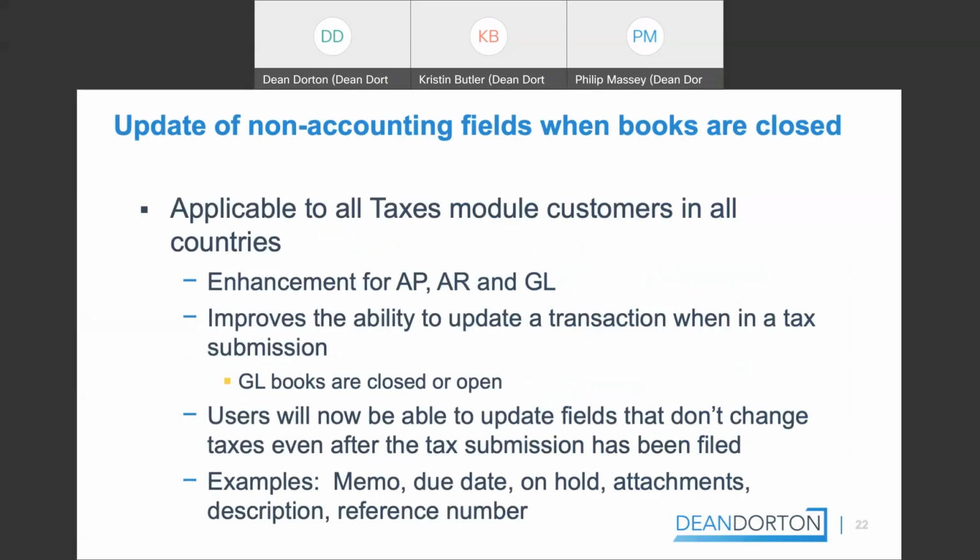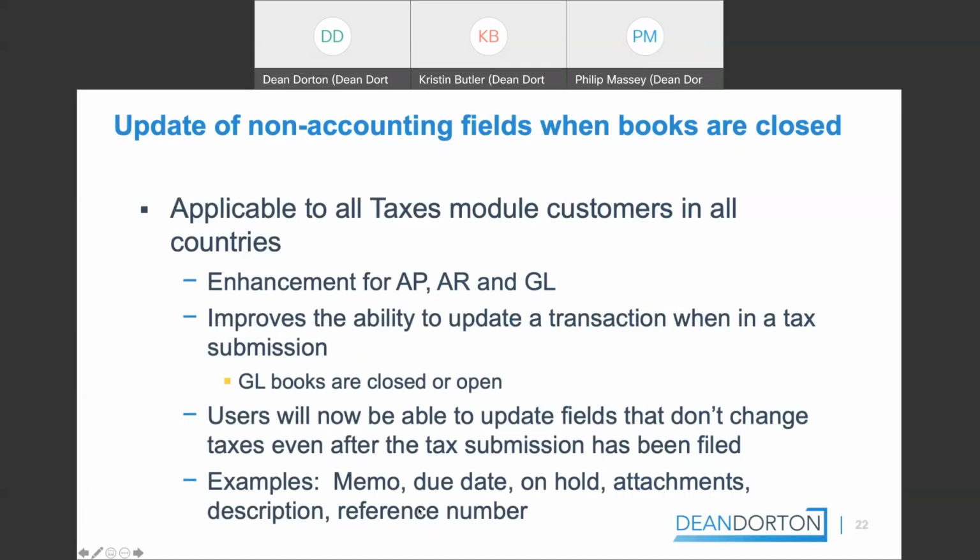The applicable update of non-accounting fields when the books are closed. So this is an enhancement in the AP, AR and GL area. And you'll be able to go in and change or update fields that don't affect taxes, even after the tax submission has been filed.